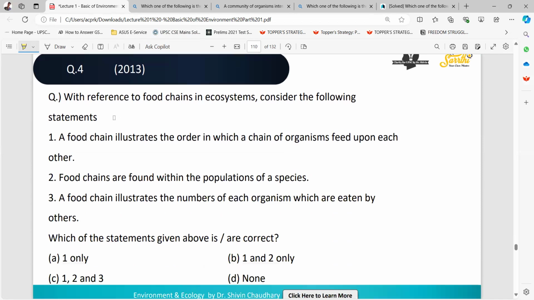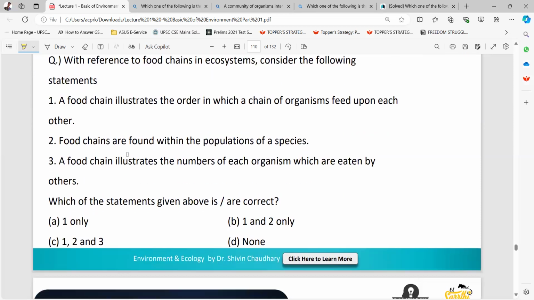Next question. With reference to food chains in ecosystem, consider the following statements. A food chain illustrates the order in which a chain of organisms feed upon each other. Food chains are found within the populations of a species.